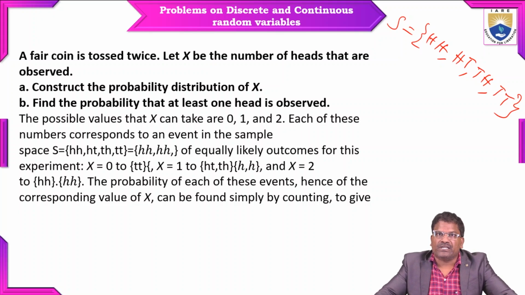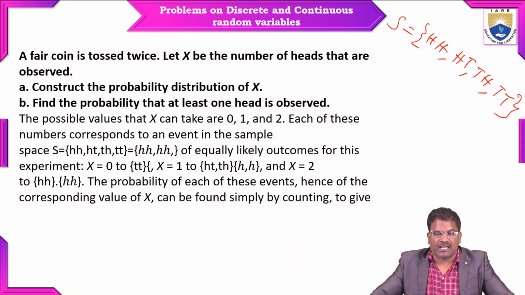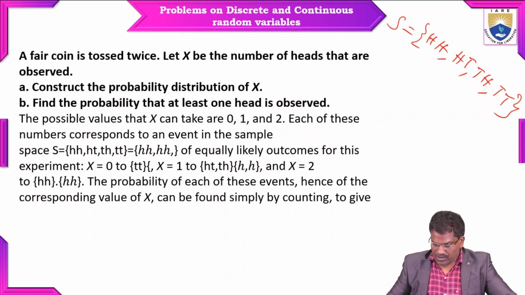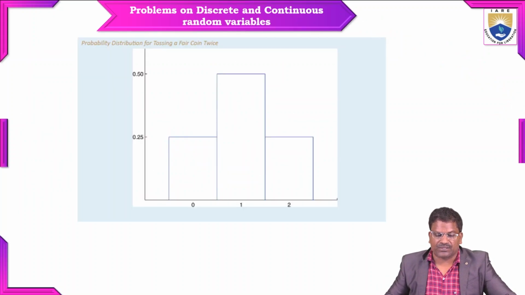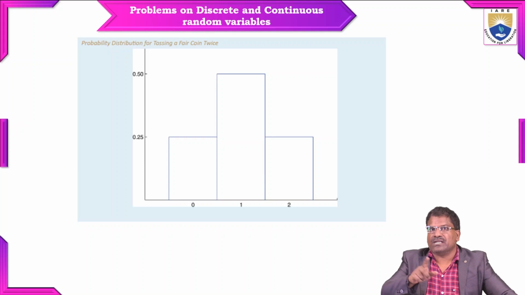So the probability of each of these events, hence of the corresponding value of x, can be found by counting. This can be graphically depicted by this histogram.